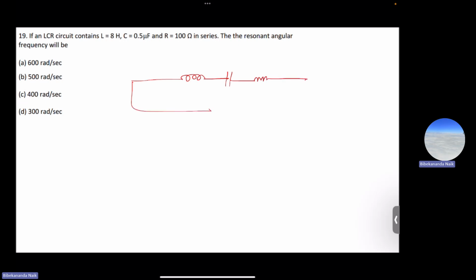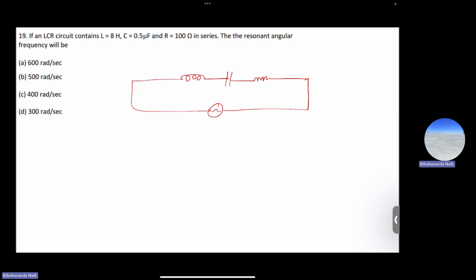What will be the resonant angular frequency? Options are option A 600 radians per second, option B 500 radians per second, option C 400 radians per second, option D 300 radians per second. I'll give you a few minutes to solve this question and then we will discuss.